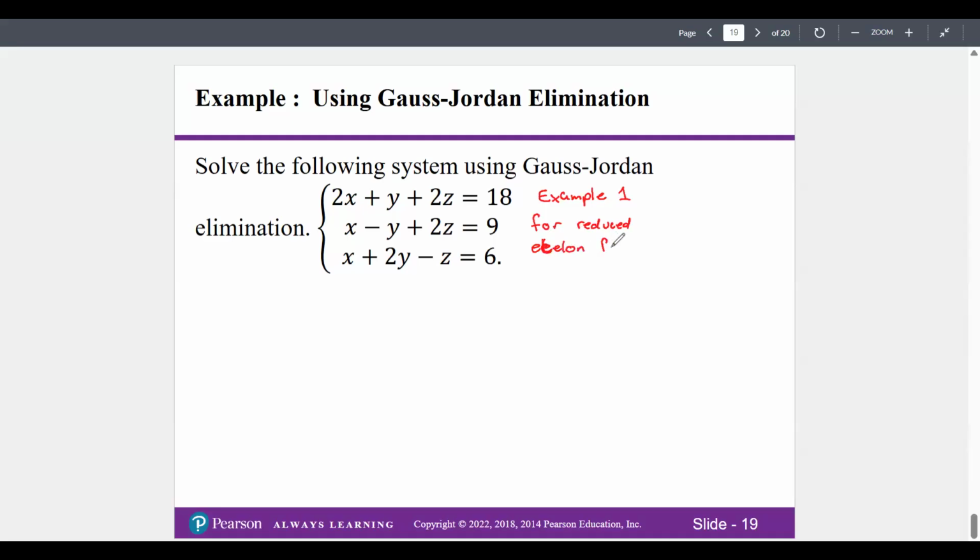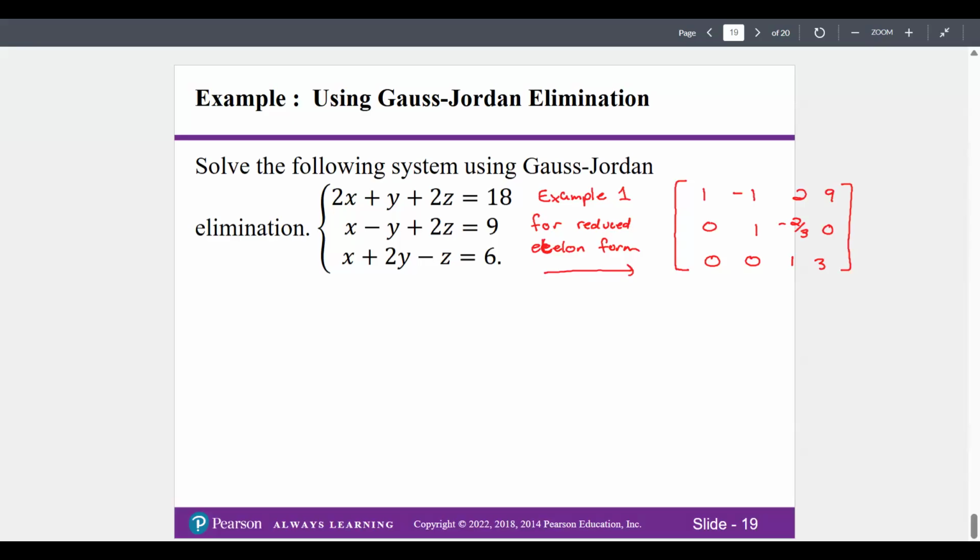So we did this one, and what we got down to was this matrix, which was 1, -1, 2, 9, 0, 1, -2/3, 0. And then we had 0, 0, 1, 3. So that's what we had reduced to earlier.